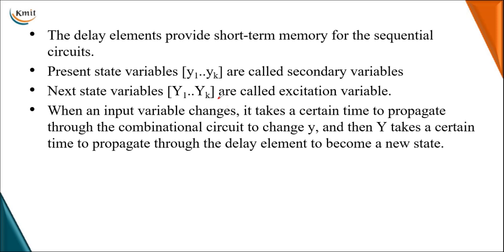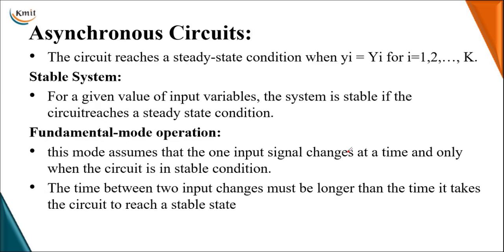The present states are indicated with small y1 to yk, called secondary variables, and capital Y1 to Yk are the next states, called excitation variables. Whenever the input variable changes, it takes some propagation time through the combinational circuit to change the present state y, and then the next state is propagated through the delay element because of the new states.